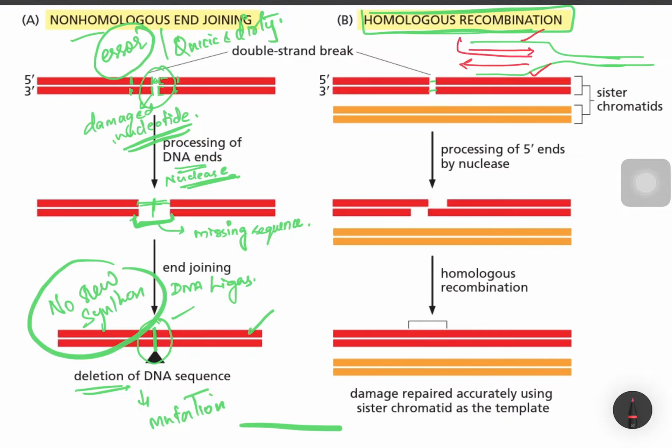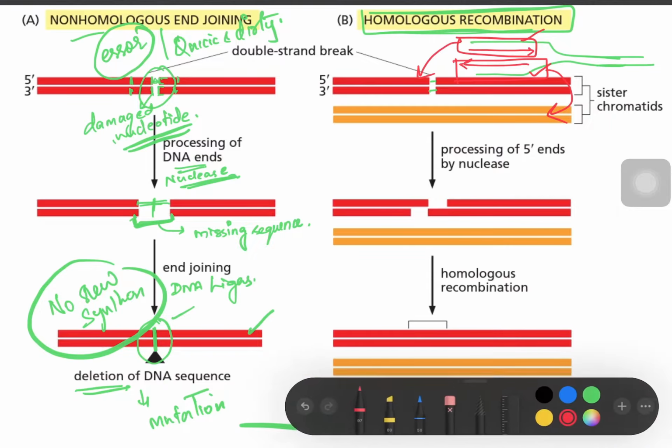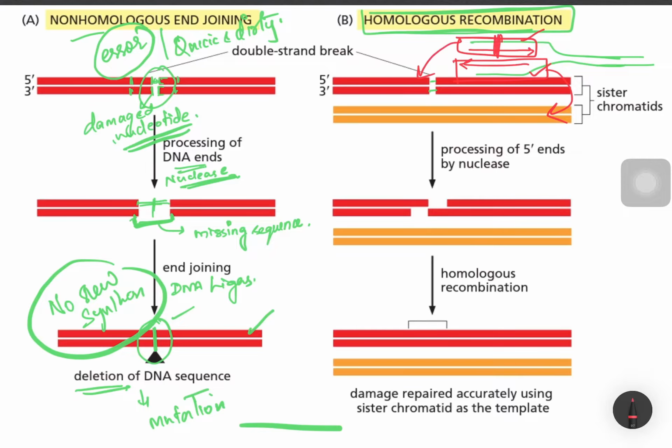So here this will be our one double stranded sequence and this will be our second sister chromatid. Here the damage is here. If there is damage here, of course it can make use of the second sister to use as a complement, because this is a complement to this one, and hence it is making use of the sister chromatid.